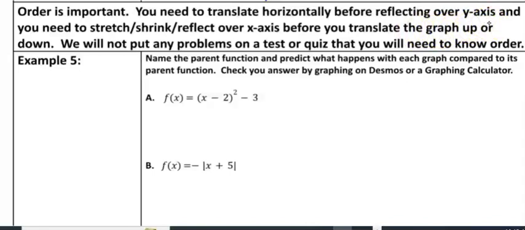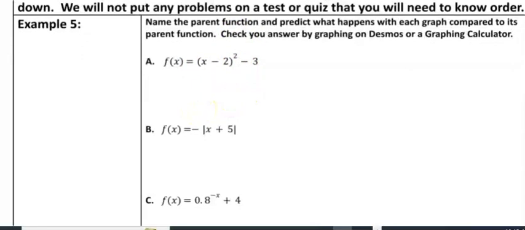Okay, so it says here, name the parent function. So on A, what's the parent function here? You got 6 of them. Somebody said it, I think. Isn't it quadratic? Isn't your parent function here y equals x squared? Correct? Yeah. So this is quadratic, isn't it?